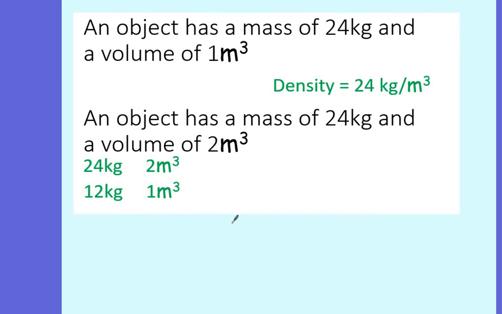Okay, here the volume has got greater, however the mass has stayed the same. So to work out the density, i.e. kilograms per metre cubed, I'd need to divide it by 2. So the density of that object is going to be 12 kilograms per metre cubed.